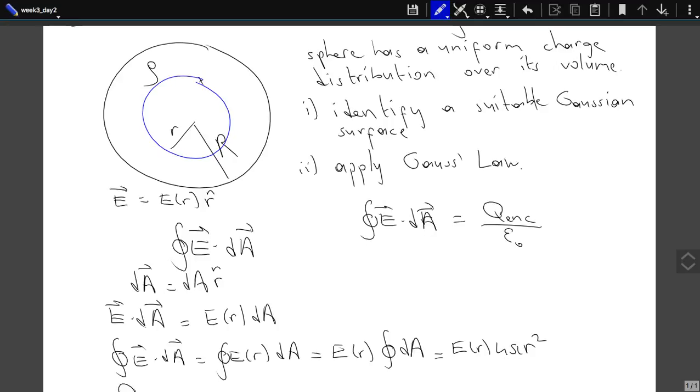Because this should be 0 because there's no charge inside the shell. So this would have been 0 and E of R should have been 0. Inside the empty shell, the magnitude of the electric field would be 0. So we have the proof of the shell theorem. But here this is not a shell. This is a volume which contains a charge uniformly distributed over the whole volume.